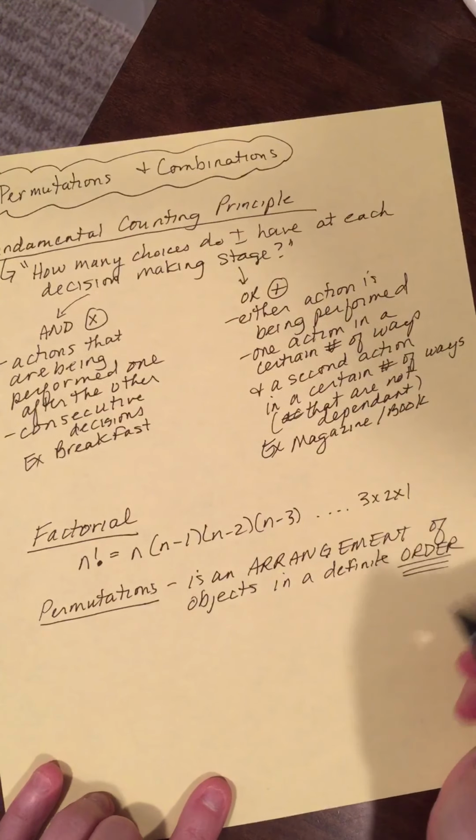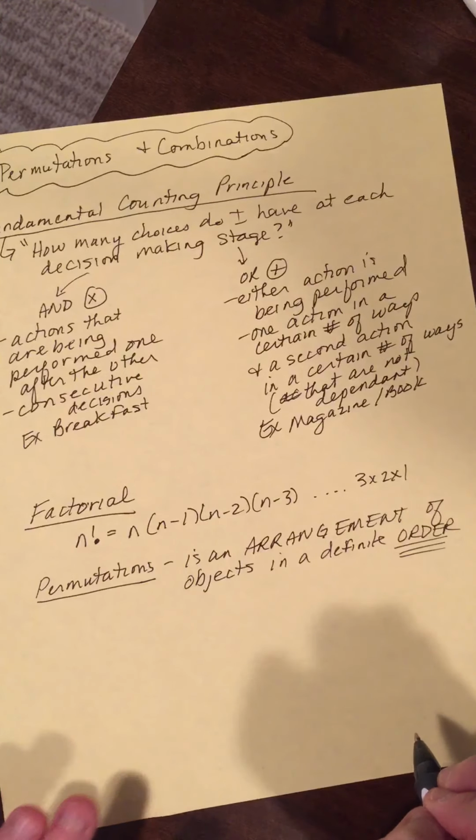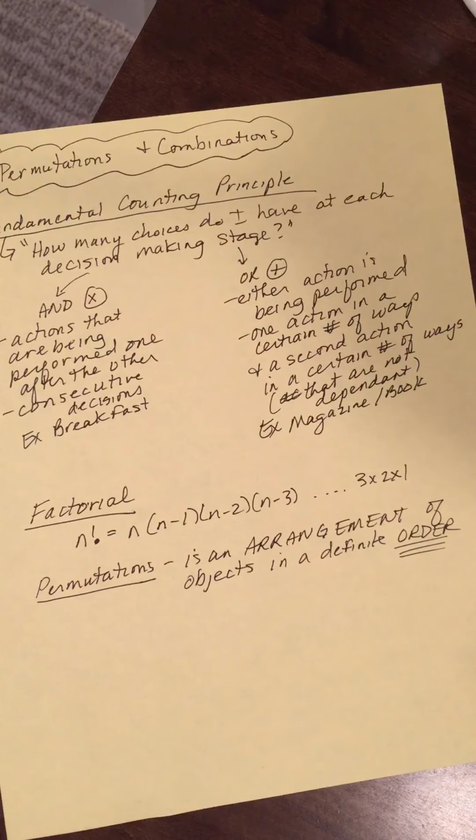And that's the key word right there, in a definite order. All of your permutation questions have very specific instructions. This letter must sit in the middle. This letter must start. These letters must be together. These letters must not be together. Very, very definite, specific, arranging, specific order.